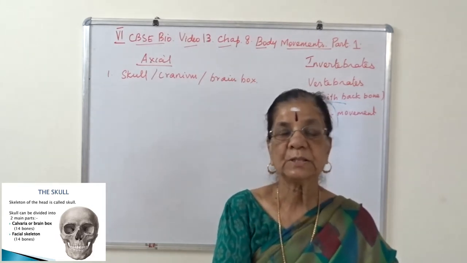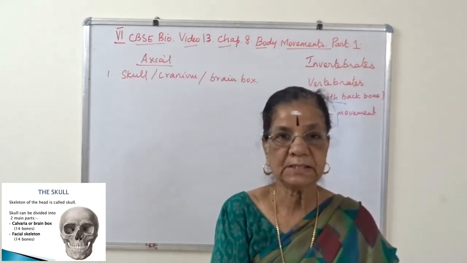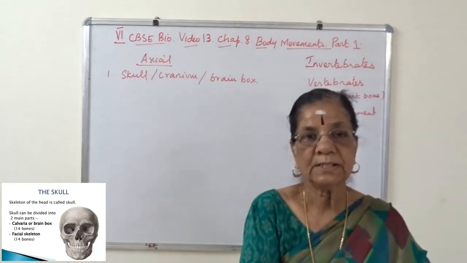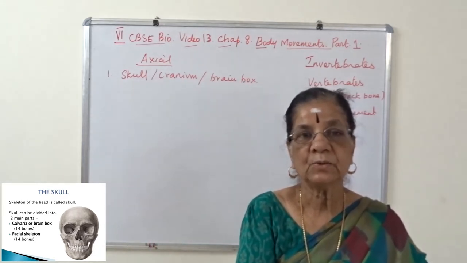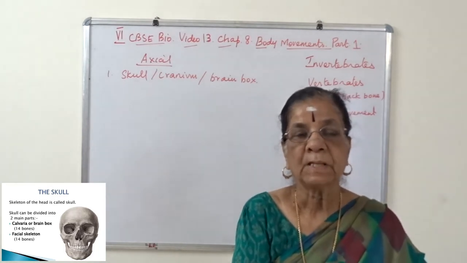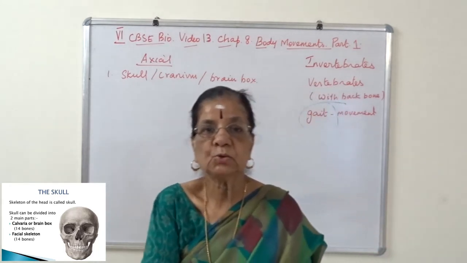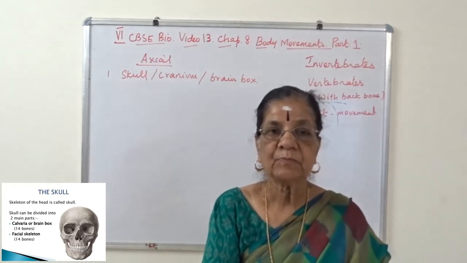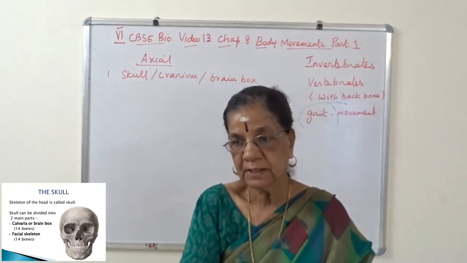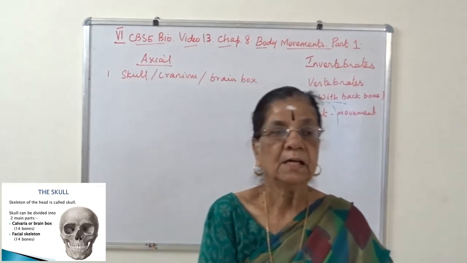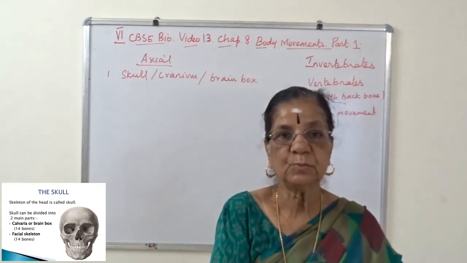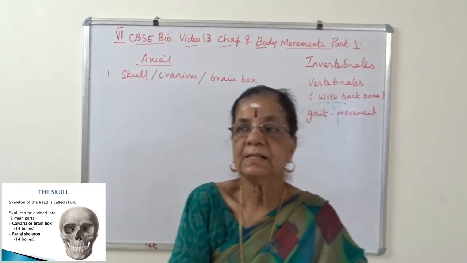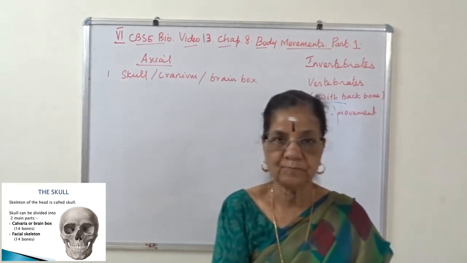Now this locomotion in man is taking place with the interaction of two systems. One is skeletal system, another one is muscular system. Coordination of these two activities. Now this skeletal system in man is broadly classified into axial skeleton and appendicular skeleton.